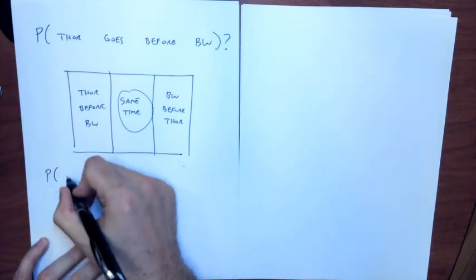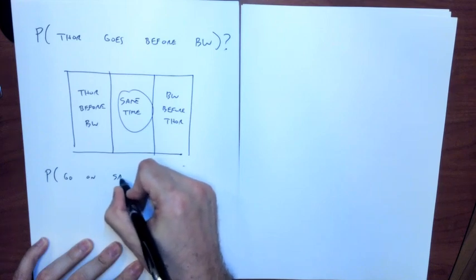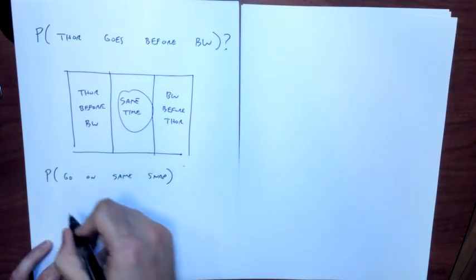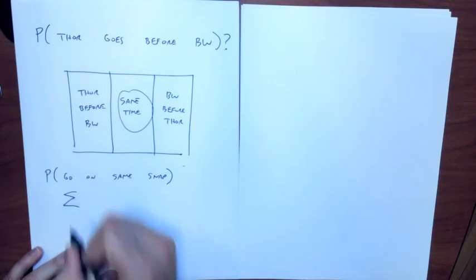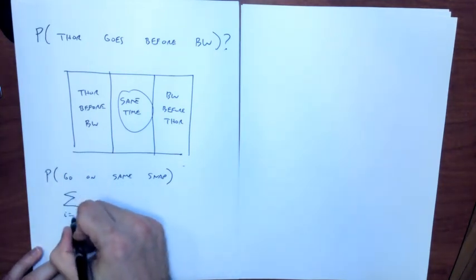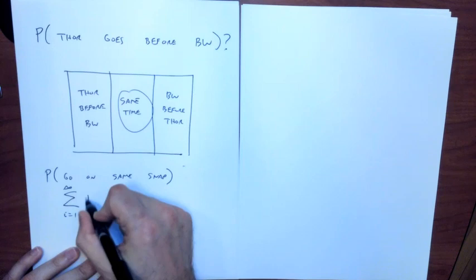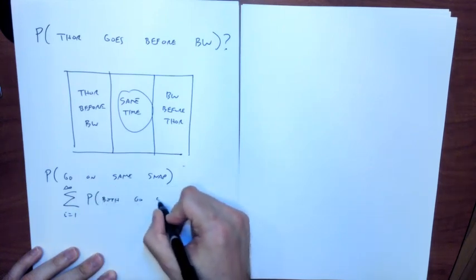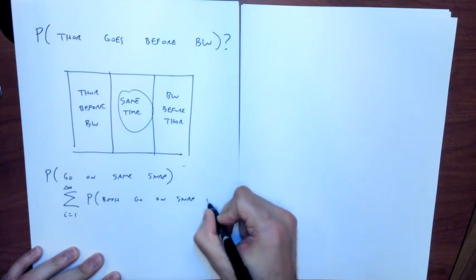The probability that they go on the same snap is basically the sum. I have to sum up these infinite possibilities, from i equals 1 to infinity, the probability that they both go on snap i.